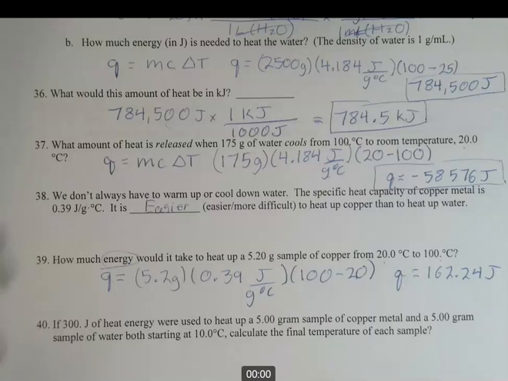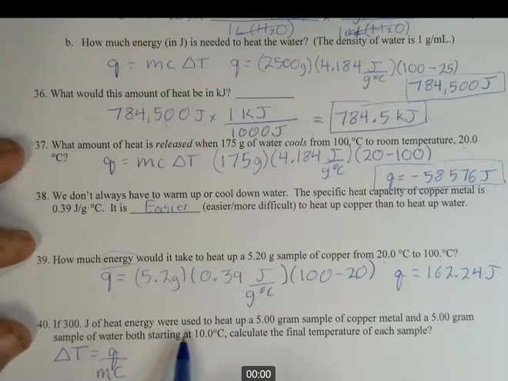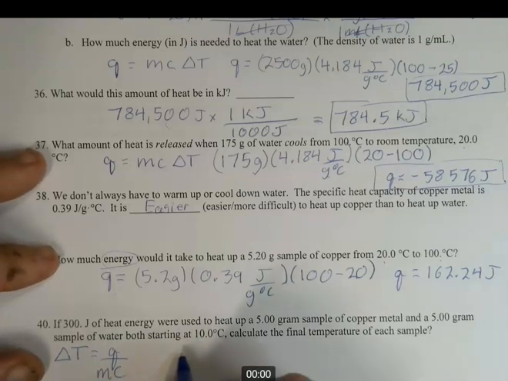Okay, so now we're going to transpose the equation. It's now solved for delta T because they're asking for temperature, and that equals the heat over the mass times the specific heat. So it's 300 joules of heat energy in both cases. Over here we'll have copper.